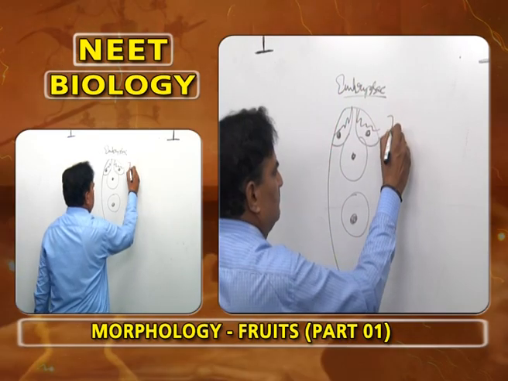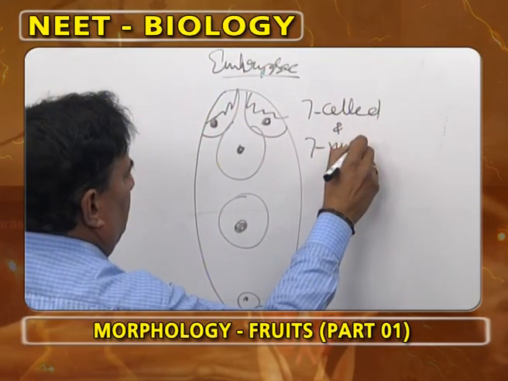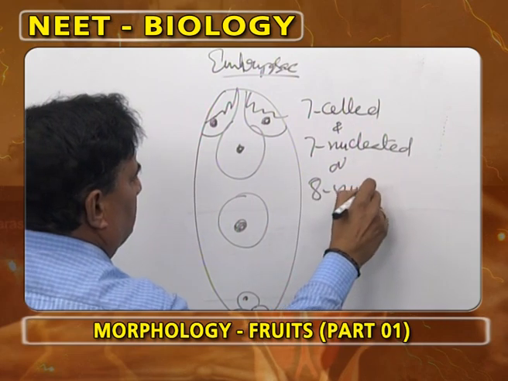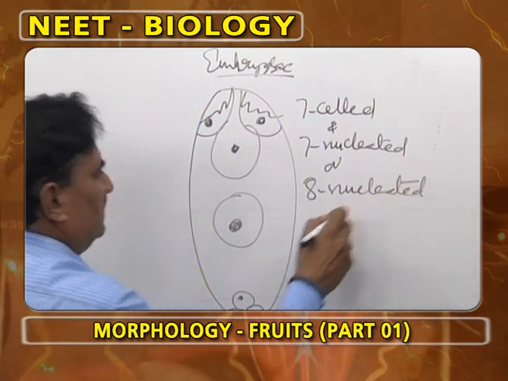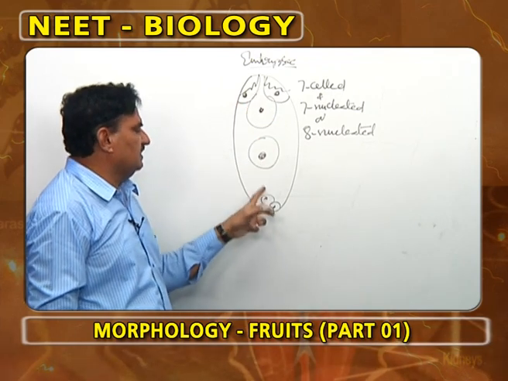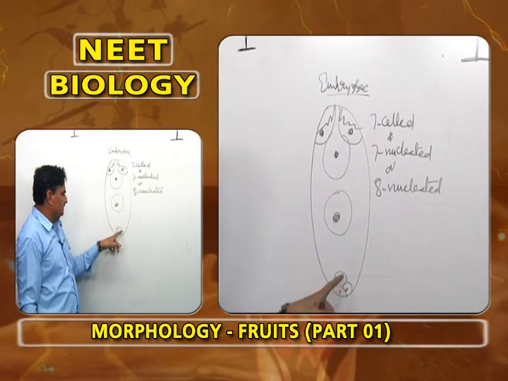So it is 7-celled and 7-nucleated or 8-nucleated. 7-celled: 1, 2, 3, 4, 5, 6, 7. 7-nucleated means 1, 2, 3, 4, 5, 6, 7.